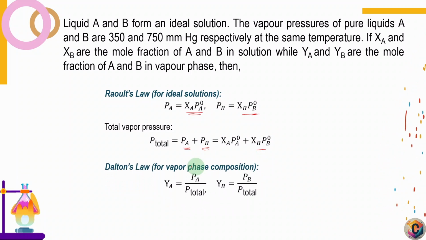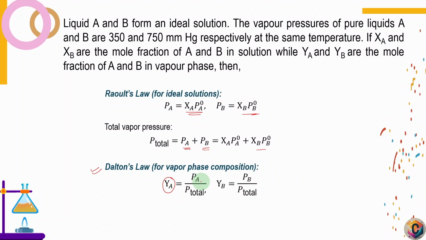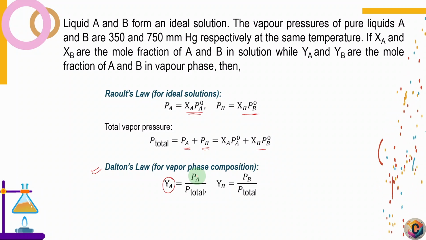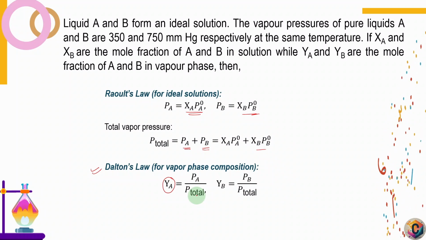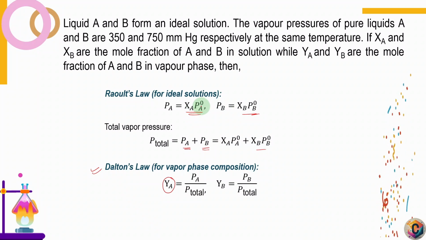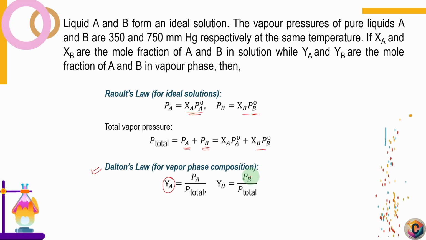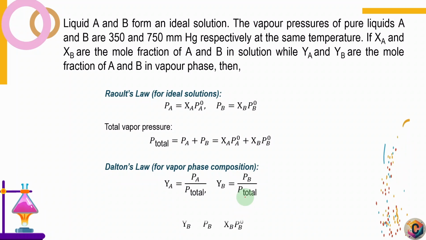Then when you apply Dalton's law to calculate the mole fraction in vapor phase, this is the formula I'm going to use: YA is PA divided by P total. To calculate PA, I need to take XA into PA naught. And to calculate YB, I need to use PB divided by P total.